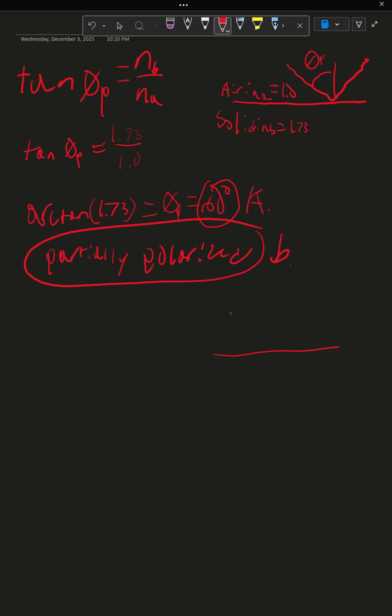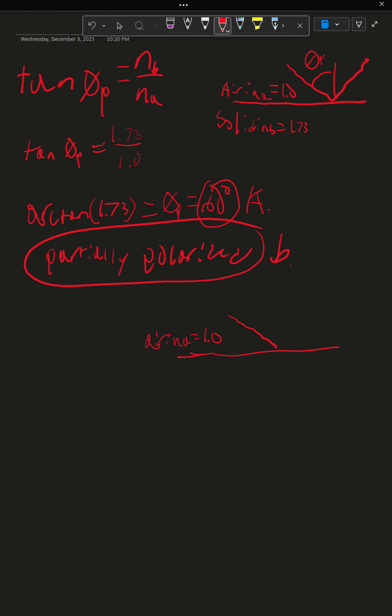Air is where the light is coming from, so n a equals 1.0, and then the glass.